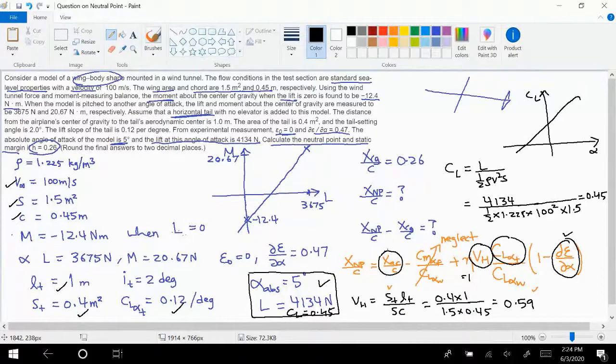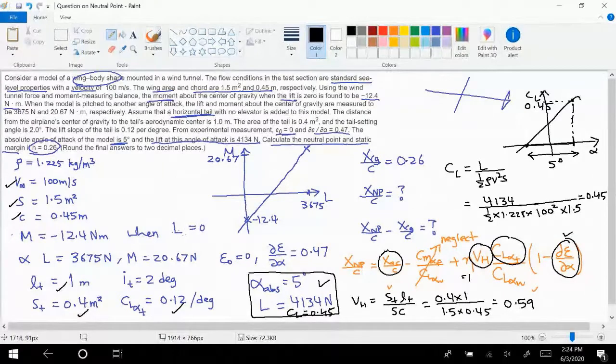Now, absolute angle of attack is measured from this point. So from here, this distance is 5 degrees. And when the absolute angle of attack is 5 degrees, the lift coefficient is 0.45.